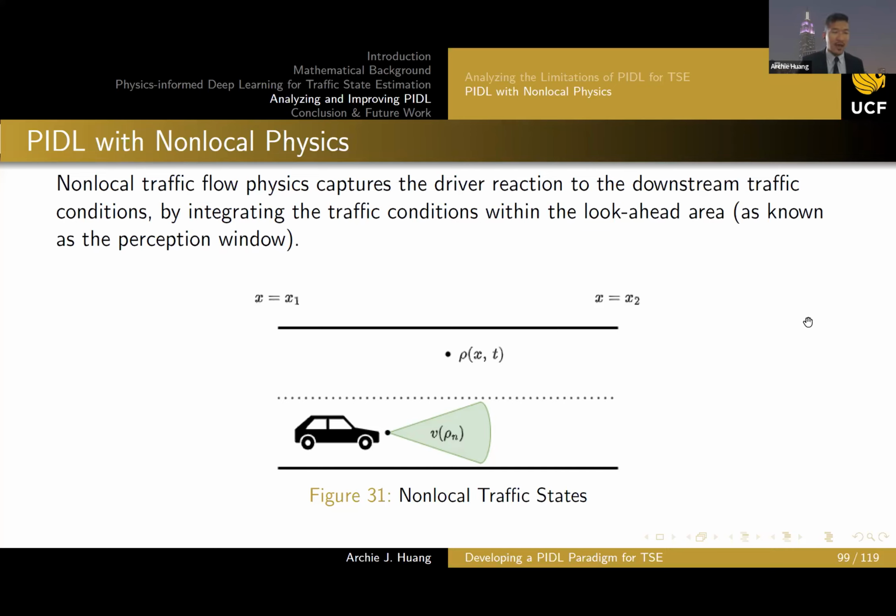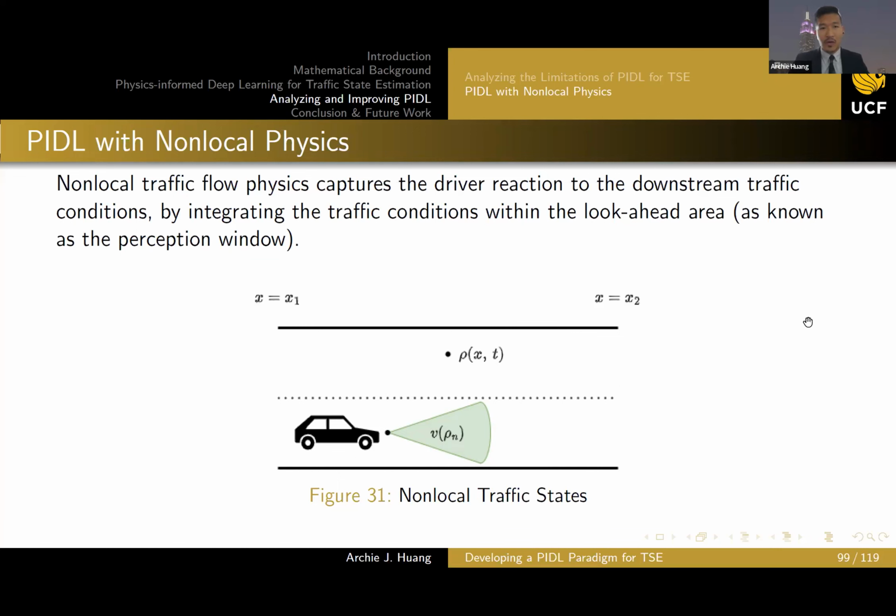So this accelerating and decelerating process is a gradual procedure, and you will make your decision ahead of time. So nonlocal physics, or nonlocal traffic states, considers this realistic scenario and uses this nonlocal traffic density in depicting the traffic relationships, or categorizing the traffic flow conditions.